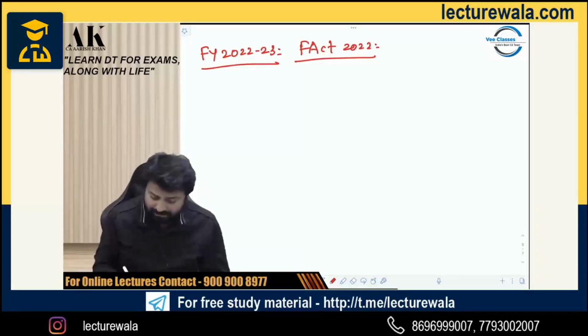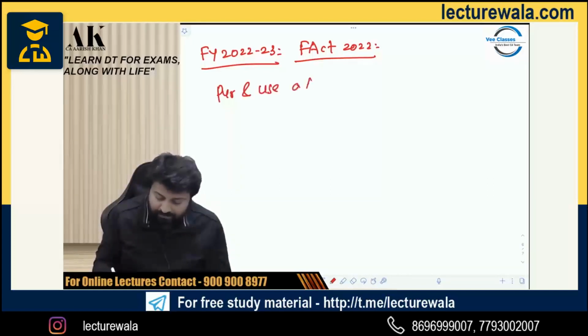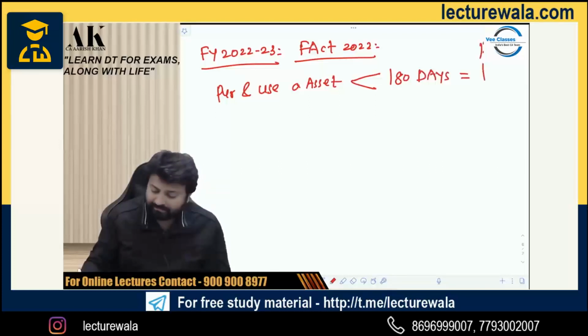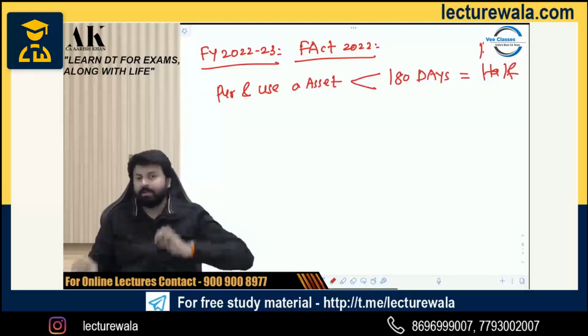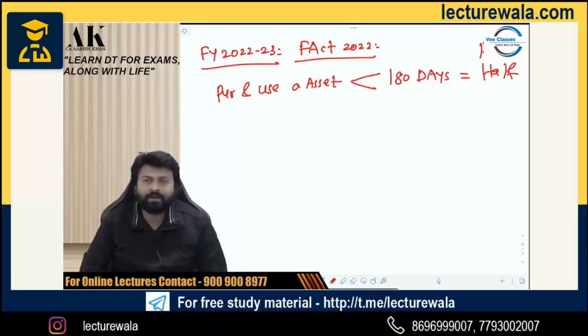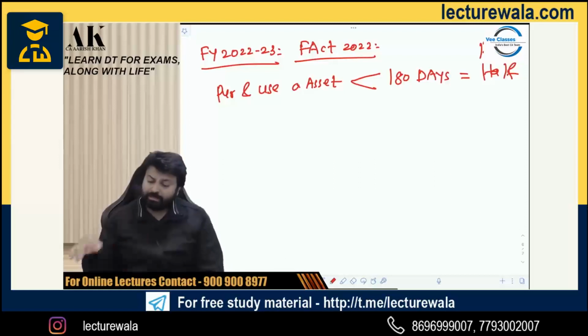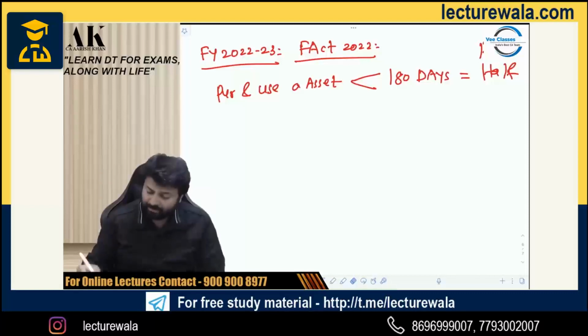Now, what happens under income tax law is if I purchase and use an asset for less than 180 days, then the rate of depreciation will become half. 10 will become 5, 15 will become 7.5, 30 will become 15, 40 will become 20, and so forth. Your rate of depreciation will become half. But this half is applicable when you have to be very careful.